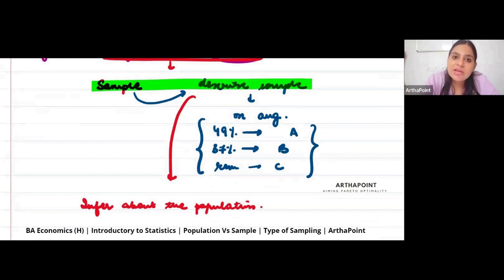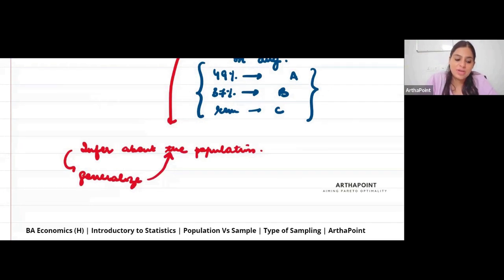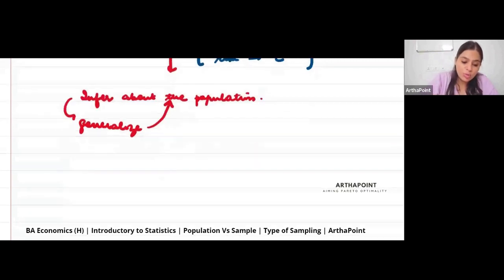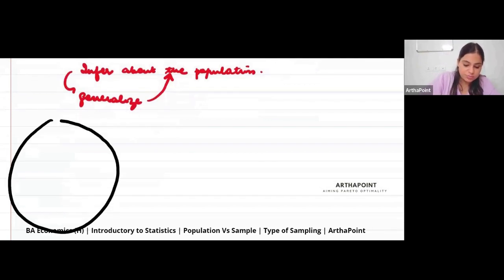So let me now generalize the results for the population and give inference about the population. This is exactly what hypothesis testing will be about. You will go ahead and you will have a population with you.